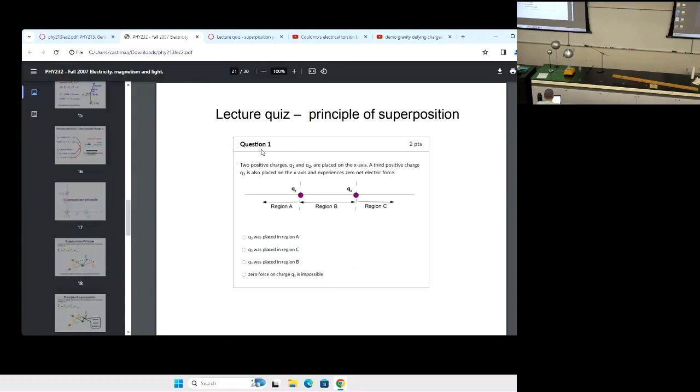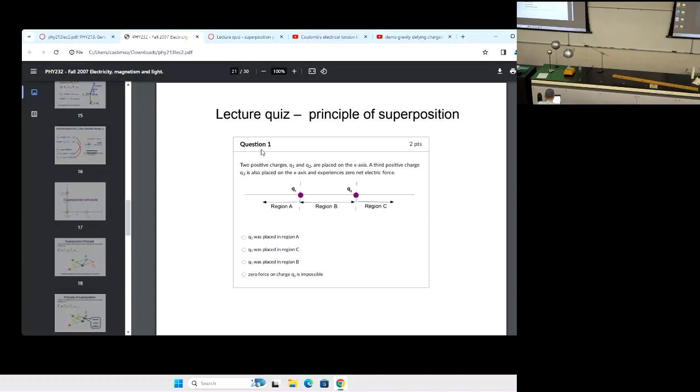In this quiz question, we're told we have these two charges, Q1 and Q2, that lie on this horizontal line. These two charges and a third charge that we're going to bring up have the same sign. So they might be all positive or they might be all negative.